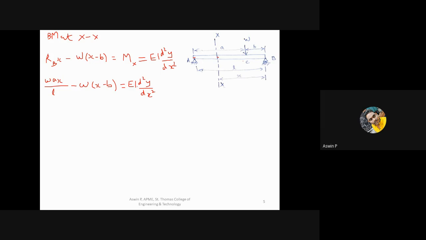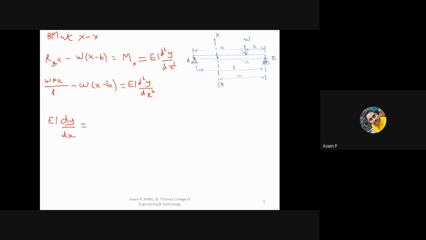So I will take this side as left hand side, interchanging LH and RH, you will get the integrated formula as EI, and when integrating d square y by dx square with respect to x, it will become dy by dx. This is the slope equation.